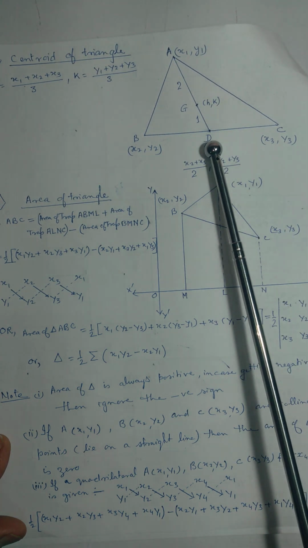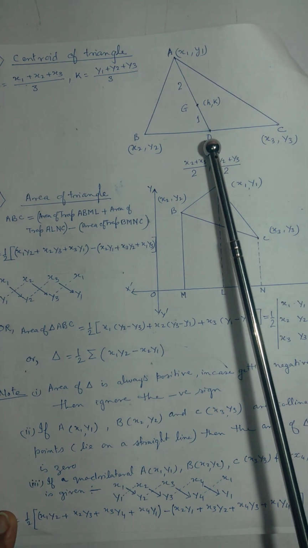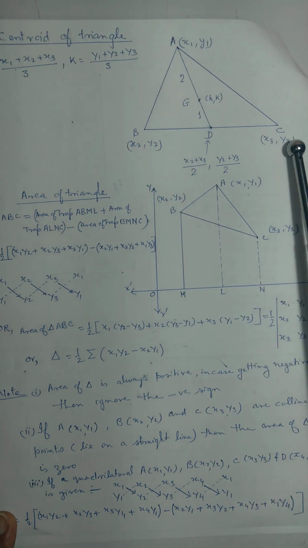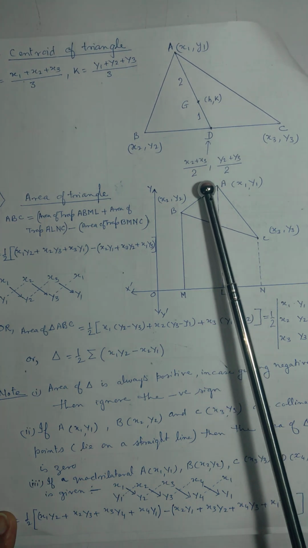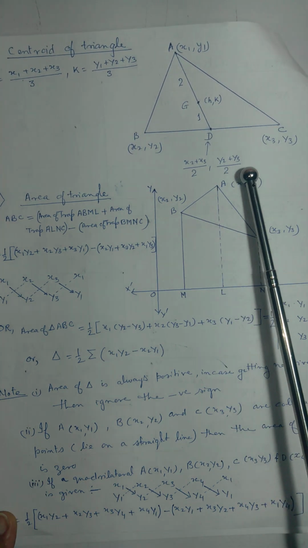So D is the midpoint of BC. Therefore its coordinate will be (x2 plus x3) upon 2, (y2 plus y3) upon 2.